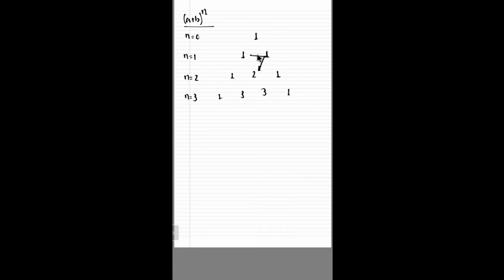Here you can see for n is equal to 1 we are getting 1 and 1, and by taking the sum of those two ones we are getting the coefficient 2 in the next line for n is equal to 2. In the same way, from 1 plus 2 we are getting this 3 here, and from 2 plus 1 we are getting this 3 here.